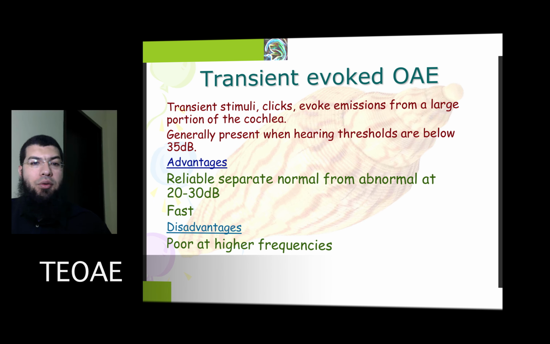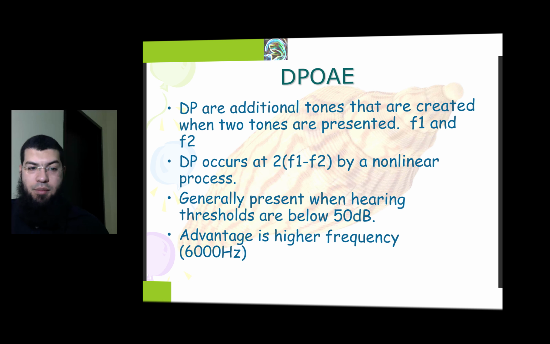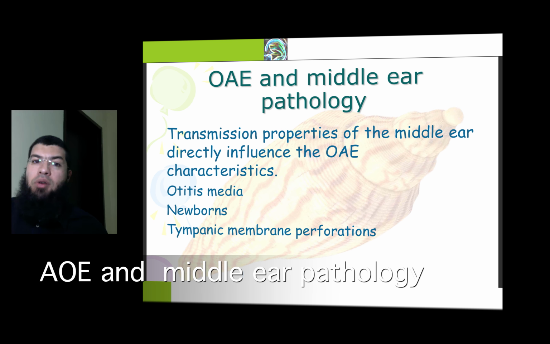The transient otoacoustic emission is present when the hearing threshold is below 35 decibel. It is fast and used in newborn hearing screening. The distortion product otoacoustic emission uses two pure tones. It is present when the hearing threshold is below 50 decibel. Otoacoustic emission is generally highly sensitive to middle ear pathology.